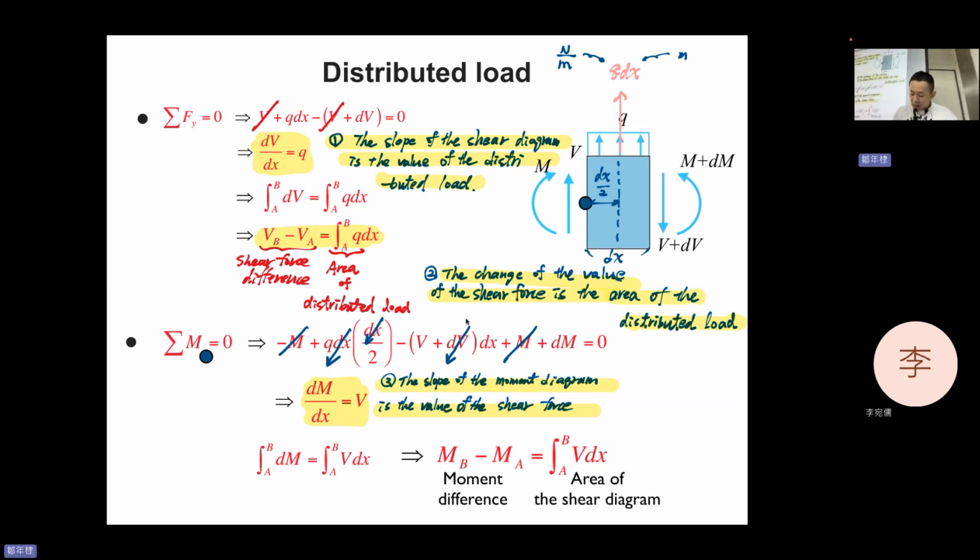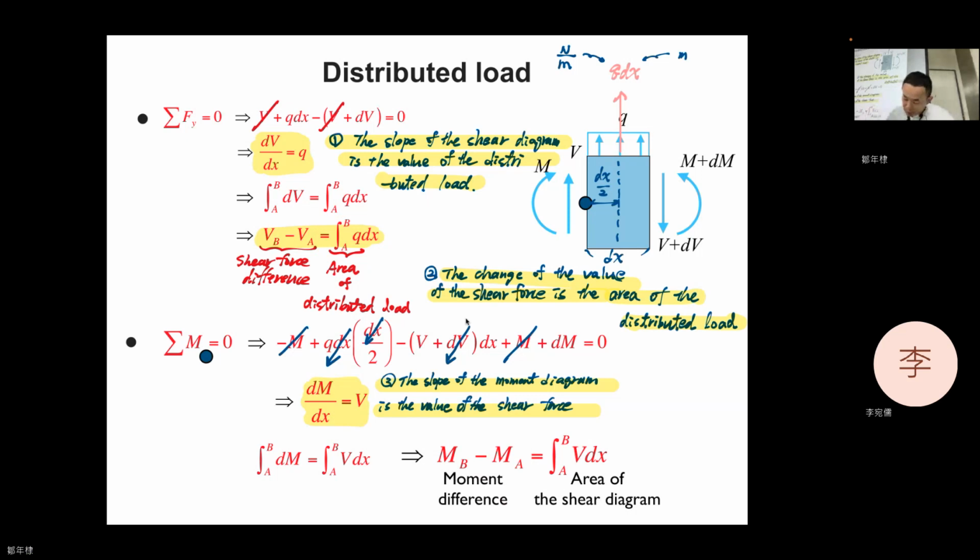And the same concept, if we do the integration, all right? So if we multiply dx to the right hand side and do the integration, this is the moment difference, right? And this is the area of the shear diagram, very similar to what we looked at above.